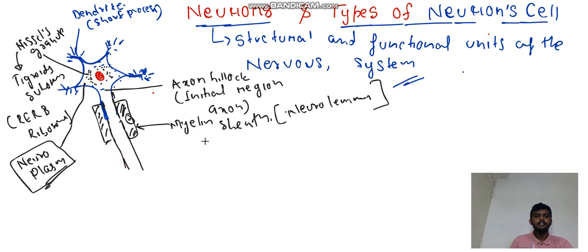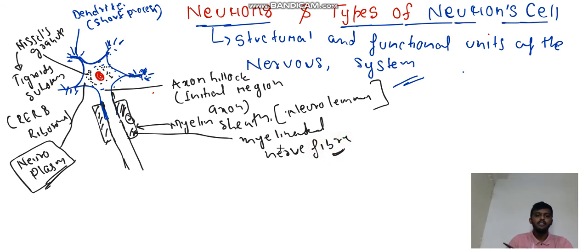And this myelin sheath or Schwann cell will form the myelinated nerve fiber. So what is the use of the myelinated nerve fiber? The myelinated nerve fiber helps in the conduction of impulses at very high speed, so that's why it is necessary.